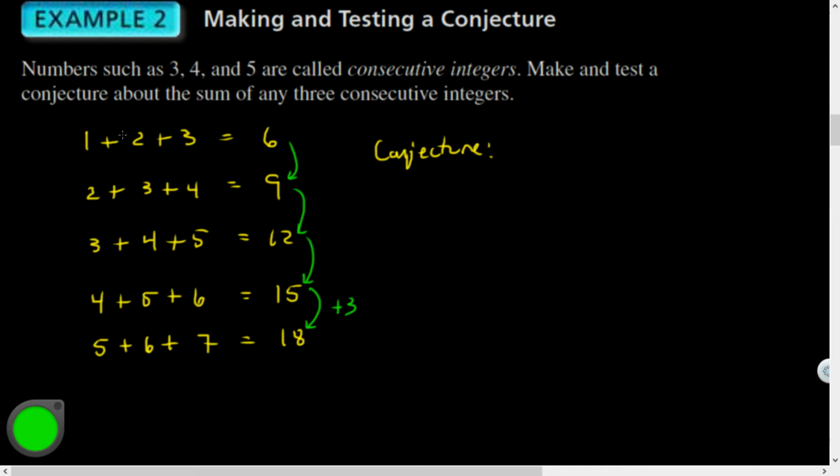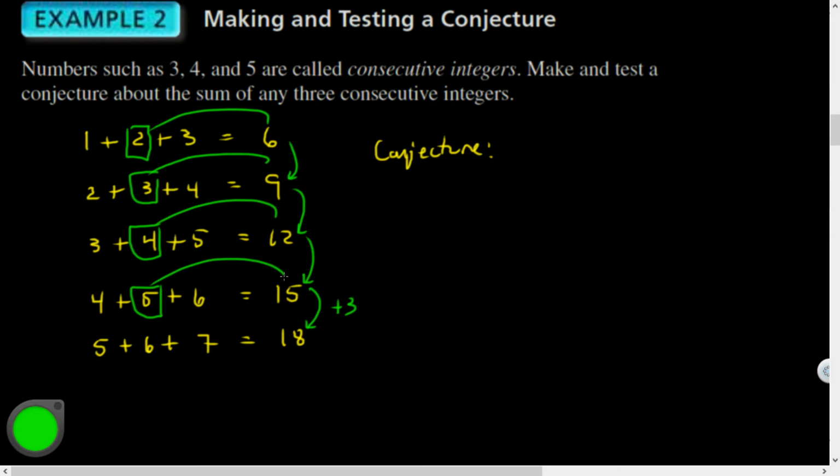Is there a way that I could relate either the first number or the last number to the outcome? Or the middle number? Interesting.